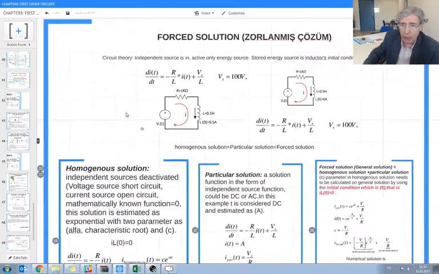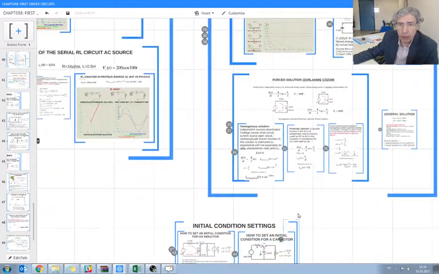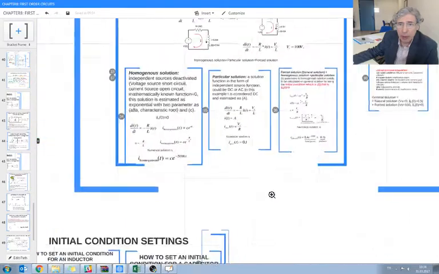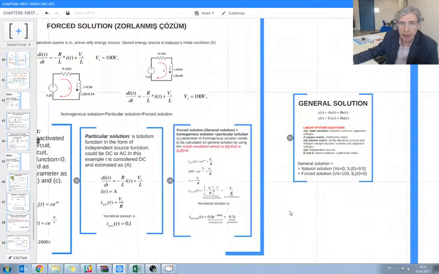So if you come here, we explained this forced solution now. I have done it as I do it on the board in class. If you put in the numerical values, you're going to get these values here.